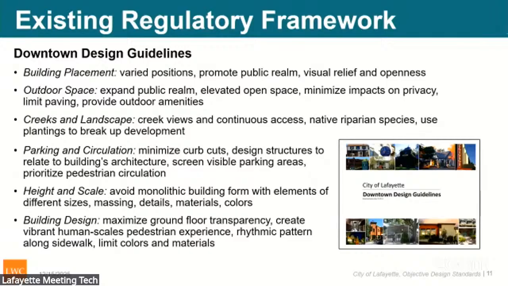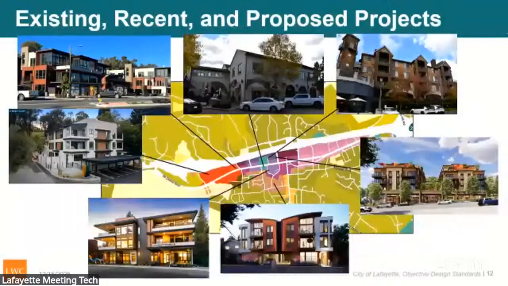So we carefully documented and combed through what we saw in this document, thinking specifically about how to achieve these guidelines on the sites that we're looking at and in projects that achieve the densities that we're looking at. So this slide just identifies a lot of the specific elements that we pulled from that document.